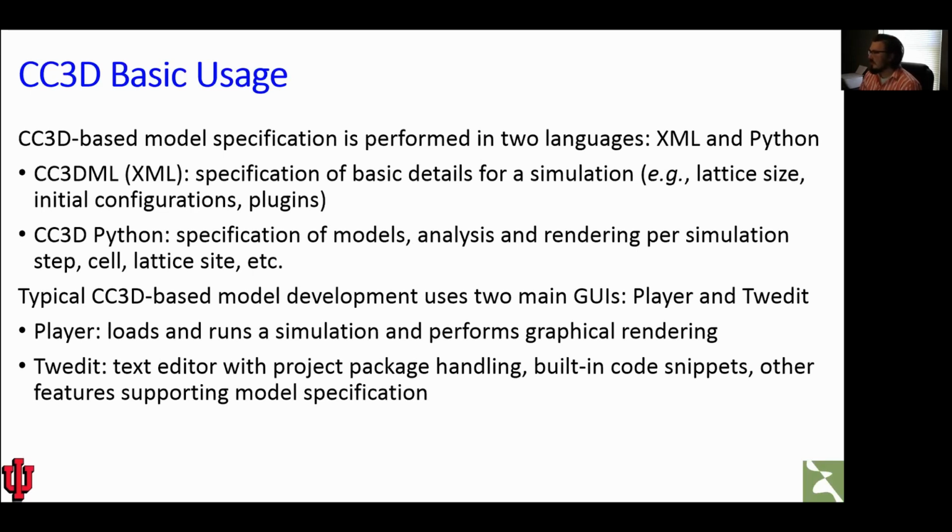CC3D based model specification is done primarily in two different languages. The first is in what we call CC3D ML, which is XML. And in XML scripts for model specification, this is where we do basic specification and simulation details. So these are things like defining how big a lattice is for the spatial aspects of the simulation.